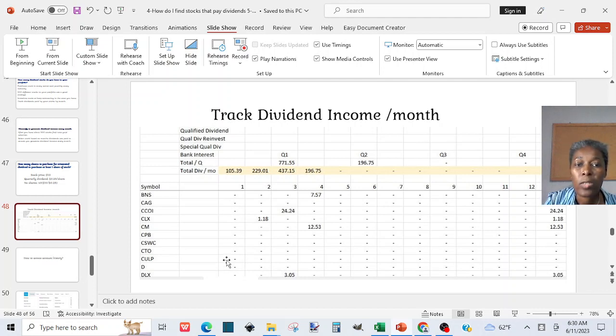You want to see which ones of them are on the low side, whose current prices are closer to the 52 weeks low, to invest more in those, so that over time that dividend income increases. Does that make sense? So you can set goals like that to increase your monthly dividend income.